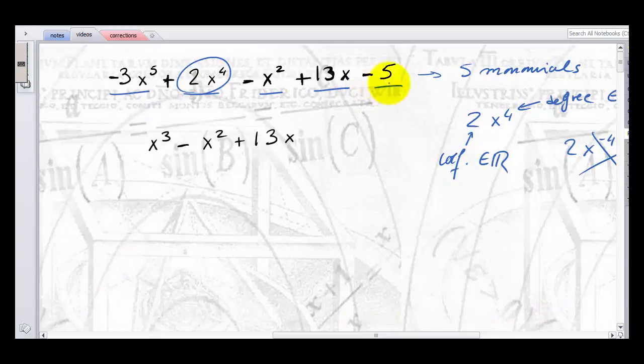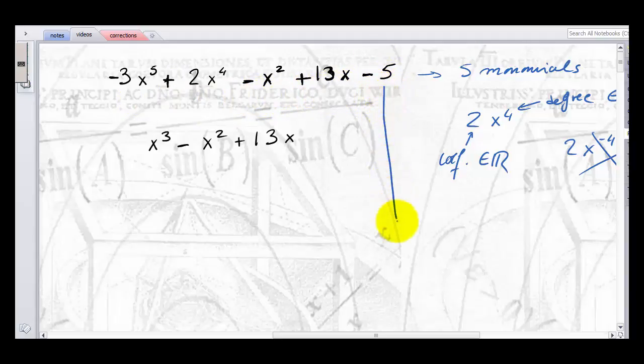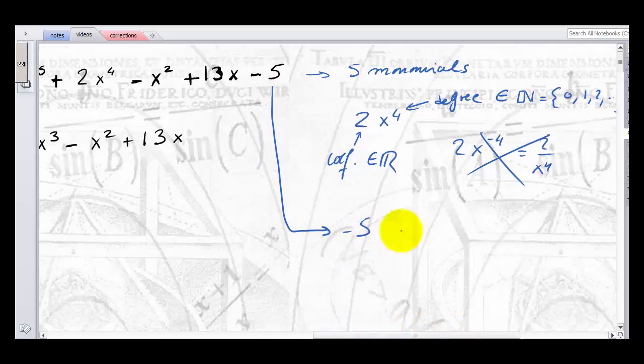And if you add monomials together, you find a polynomial. What do we call the degree of the polynomial? The highest degree of its monomials. So we have 5 monomials right here. Let's take a look at this one right here. Is this a monomial, -5? Yes, it is. Check it out.